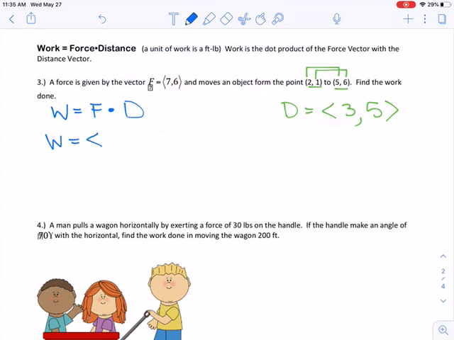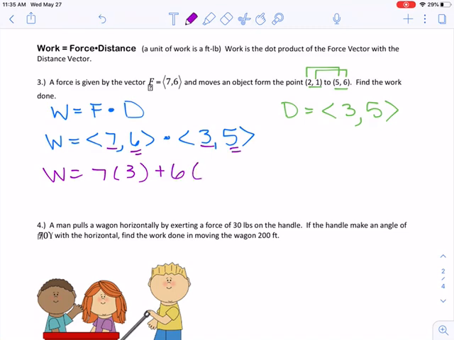I'm going to take the dot product of the vector 7, 6 with the vector 3, 5. Remember that to find the dot product, you're going to multiply your x components together, 7 times 3, plus I'm going to multiply my y components together, 6 times 5, and that's going to give me 21 plus 30 is 51 foot-pounds.